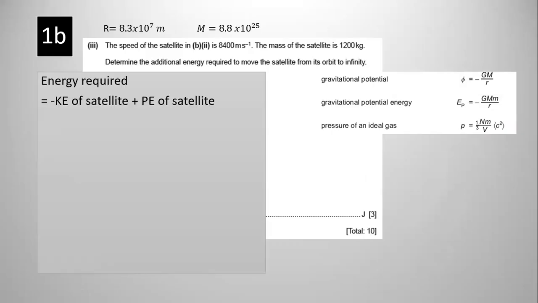Energy required goes to minus kinetic energy of satellite plus potential energy of satellite. Right? Kinetic energy of satellite. Satellite has speed, so we have to put energy there. And this is the potential energy. Gravitational potential energy.